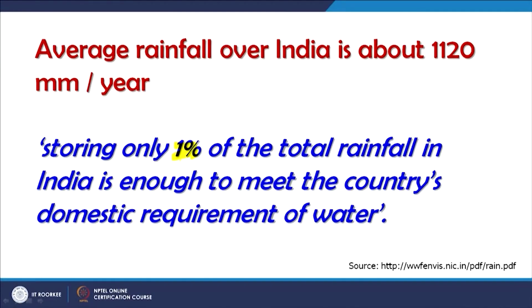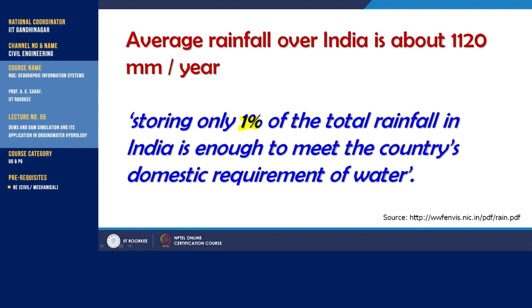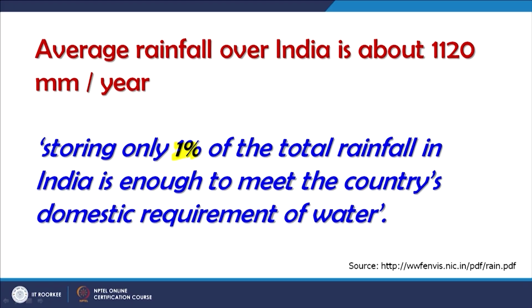And this problem, as I have been saying, can be solved in 1 or 2 years if we start storing even 1% of extra rainfall water for domestic requirements. At least the drinking water problem can be solved. But if we add 2 or 3% of total rainfall to groundwater, then irrigation and industrial requirements can also be solved, at least for a decade or so.